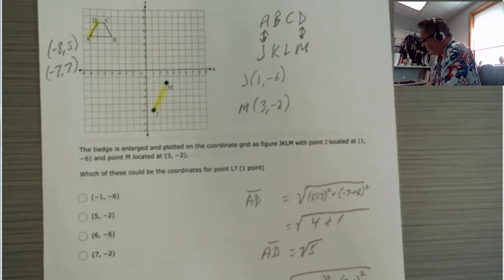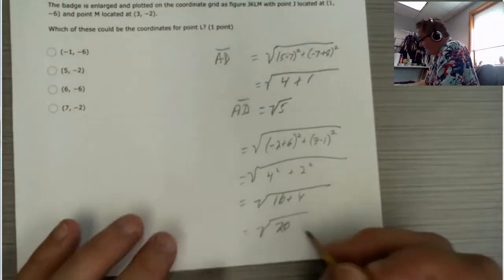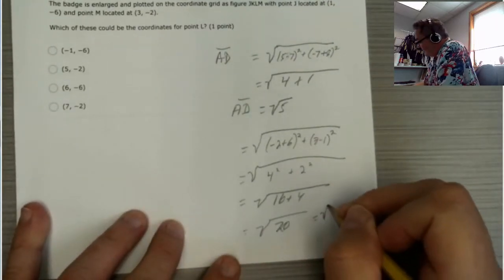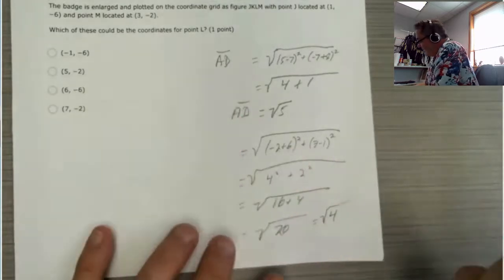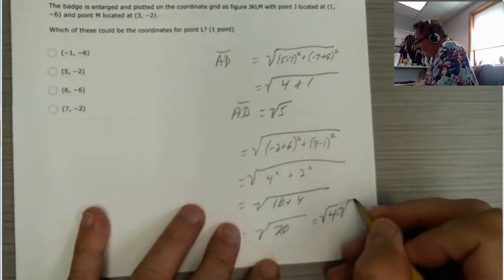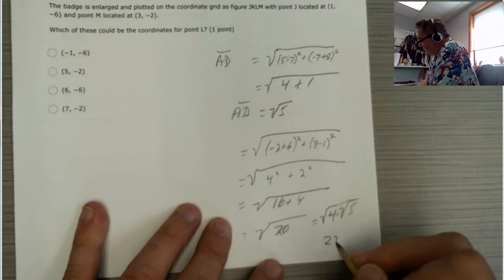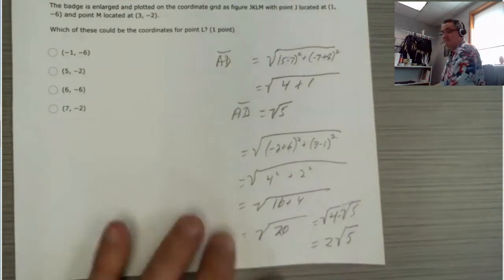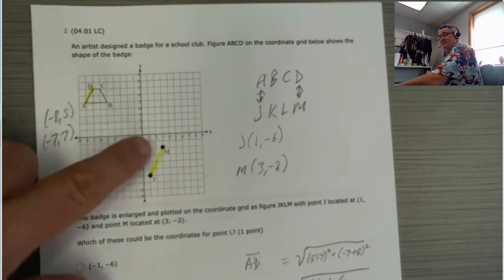So this equals 16 plus 4, square root of 20. And the square root of 20 simplifies down to the square root of 4 times the square root of 5. 4 times 5 is 20. Square root of 4 is 2. So this is 2 square roots of 5. So the length of this is a square root of 5, and this is 2 square roots of 5.